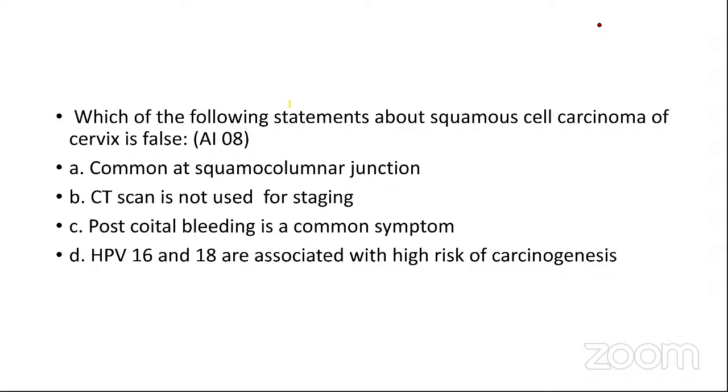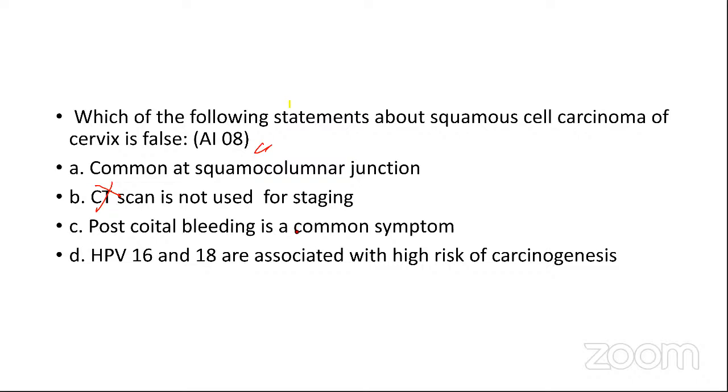Which of the following statements about squamous cell carcinoma of the cervix is false? Common at squamocolumnar junction. CT scan is not used for staging. Postcoital bleeding is a common symptom. HPV 18 and 16 are high risk for carcinogenesis. To be frank, I don't agree with two statements here, but the strongest is B, because CT scan can be used for staging nowadays.